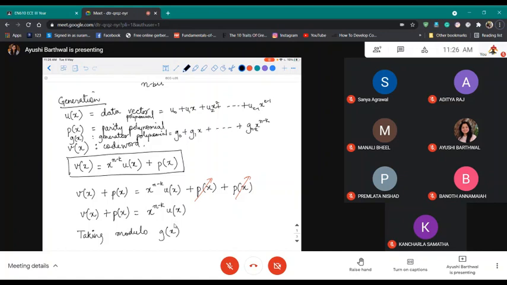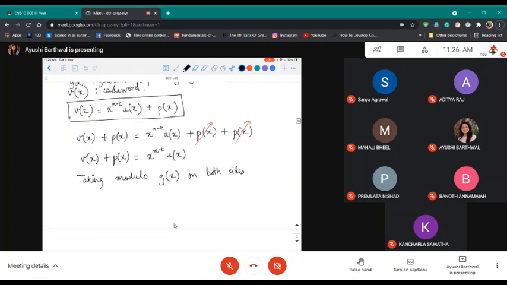So dividing by the generator polynomial on both sides and taking the remainder, we will get the first term, v(x) mod g(x). The second term becomes p(x), the parity polynomial, divided by g(x), mod g(x).